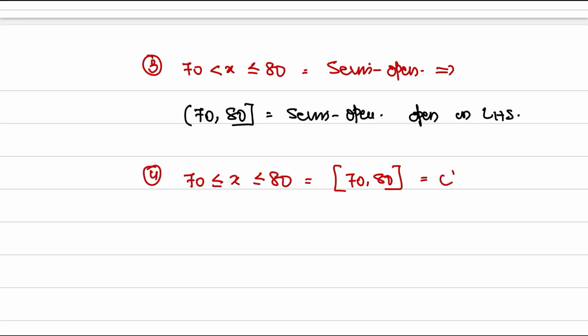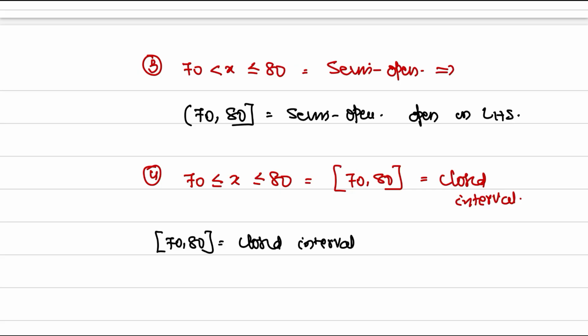It is a closed interval. That means 70, 80 is a closed interval which includes both endpoints.